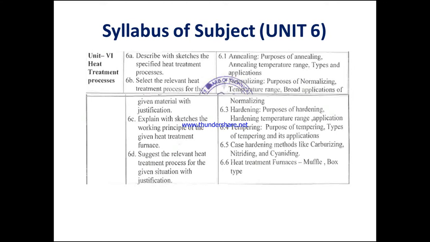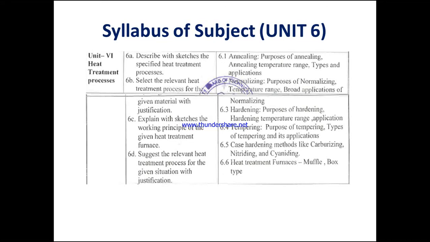Then normalizing. For that purpose also we have to study the purpose of normalizing, what is the use of normalizing, then the temperature range, and broad application. Then the next one is hardening, then tempering, then case hardening, and the heat treatment furnace.